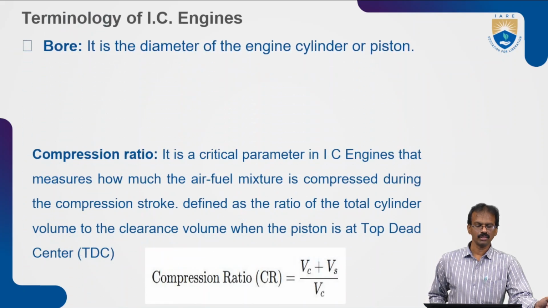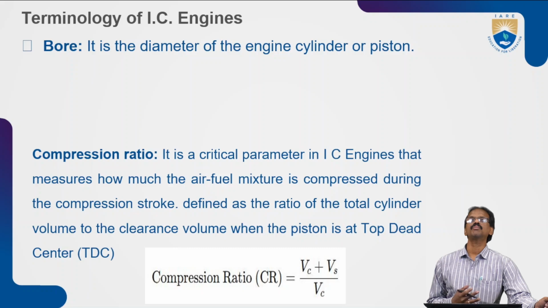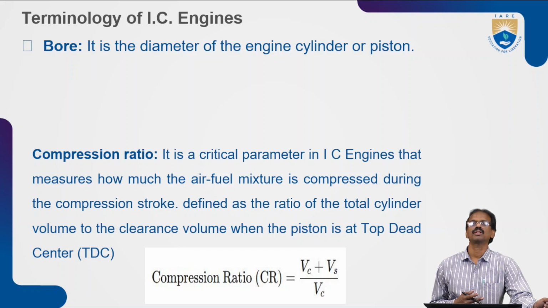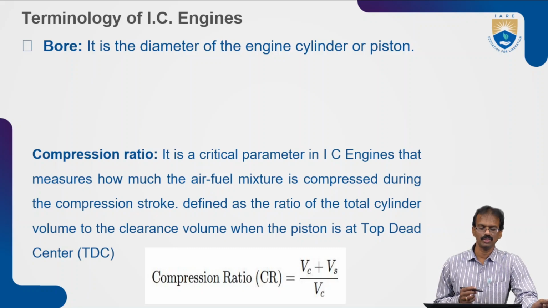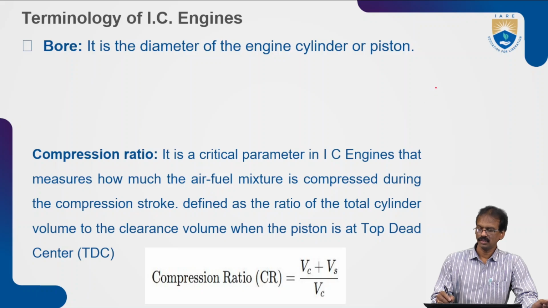Okay. So next, now we'll see the terminology of IC engines. What are the important parameters? First, this one is the engine. This is the inlet manifold. This one is the spark plug.